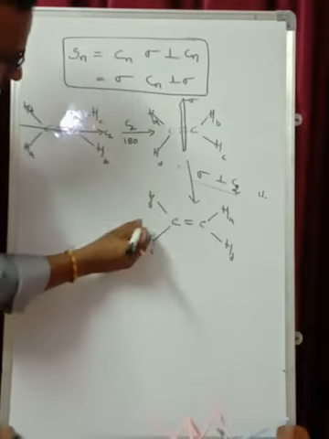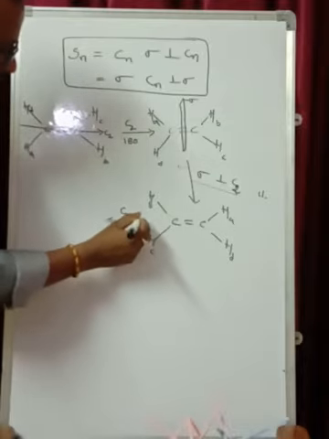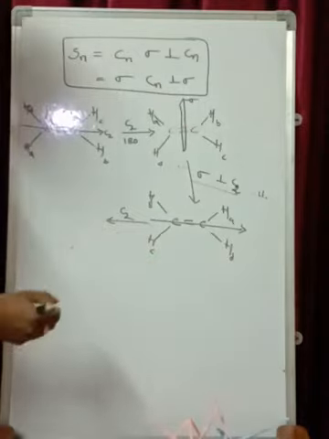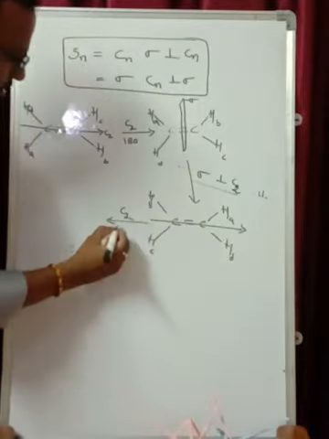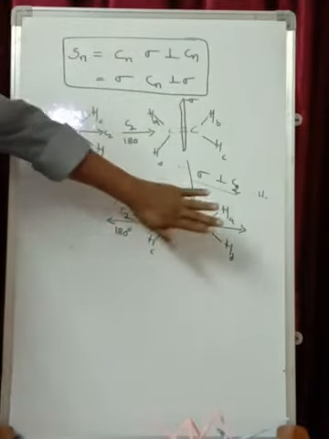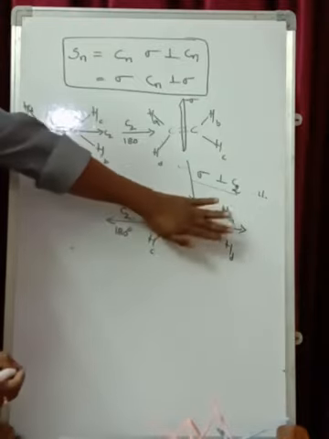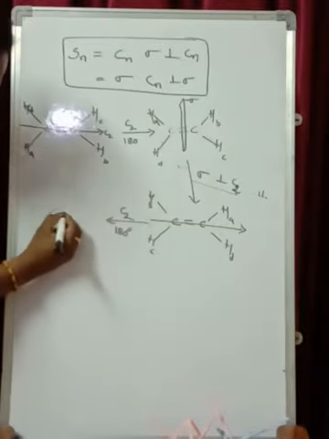Now what I am going to do is further rotation along this axis itself. Now if I rotate 180 degrees along this plane, out of this plane, now what am I going to get?